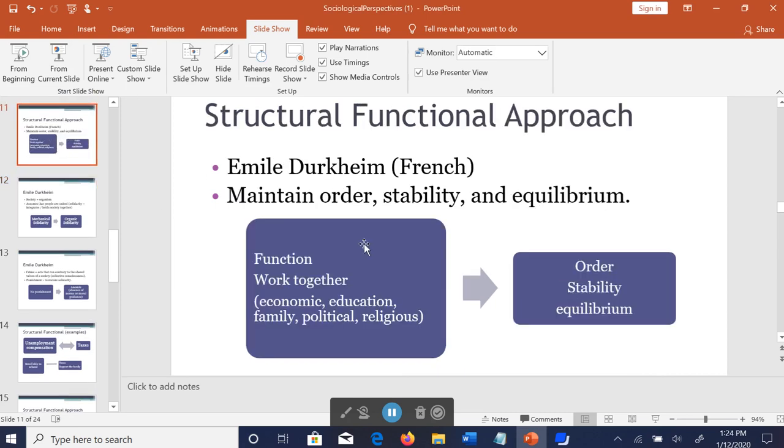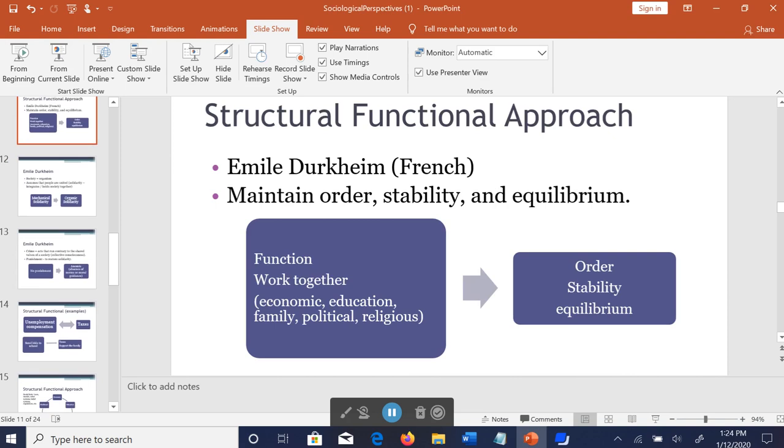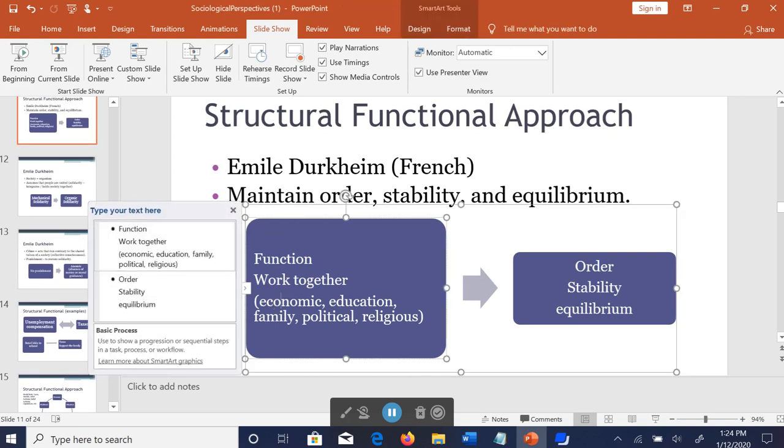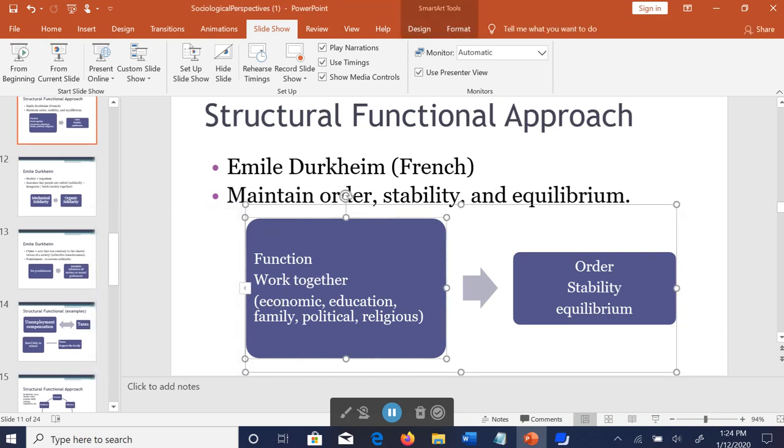So, according to Emile Durkheim, he was French, by the way, all these different entities in society, the economic system, education system, family system, the government or political system, the healthcare system, and the religious organizations, they have different functions. But because of their different functions, they can work together.